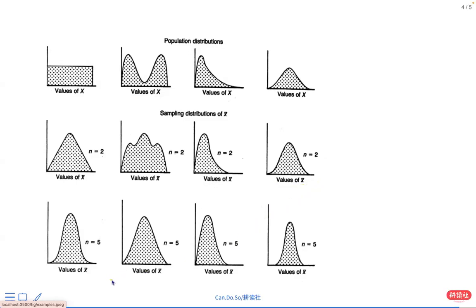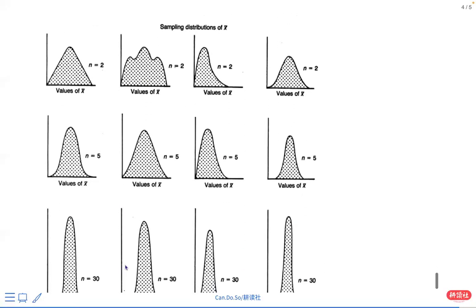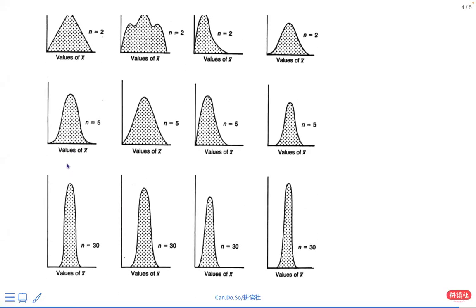If we go to a sample size of 5, then the uniform and the two-peak are much more normal-like. Chi-square is still a little right-tailed, but better than with a sample size of 2. And the normal distribution becomes narrower and narrower, because the standard deviation of the sampling distribution of the sample mean becomes closer to the real mean.